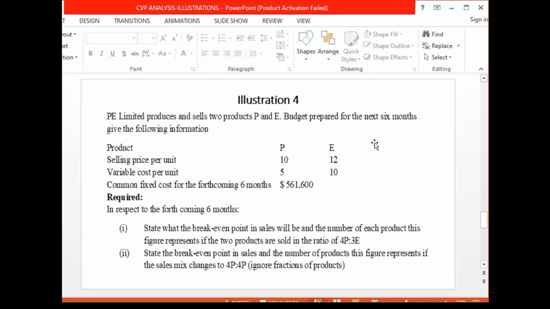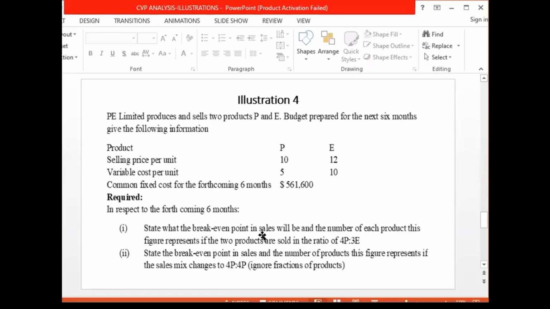If the sales mix changes to 4P, this is E, 4 to 4 actually. Ignore fractions in products.